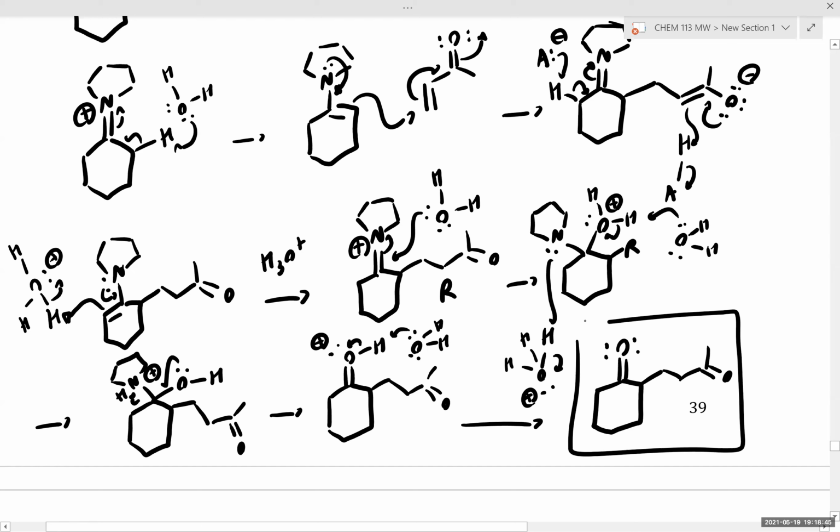So does this full mechanism for the Stork enamine reaction make sense to everyone? We've seen the mechanisms for enamine formation and enamine hydrolysis in previous chapters.